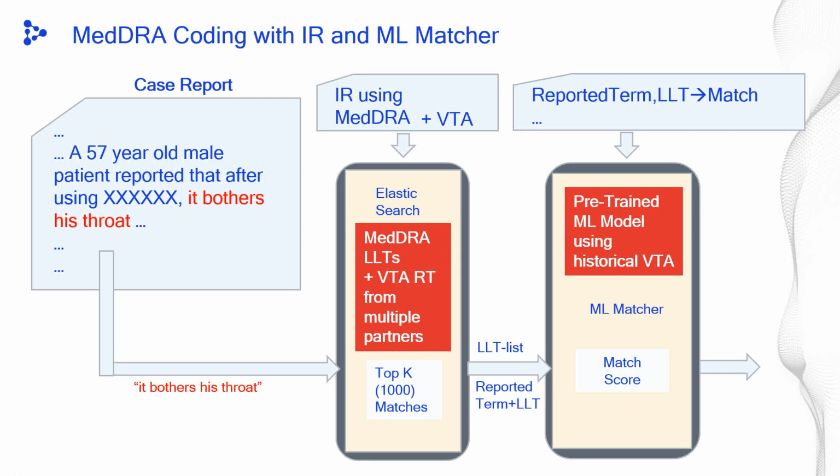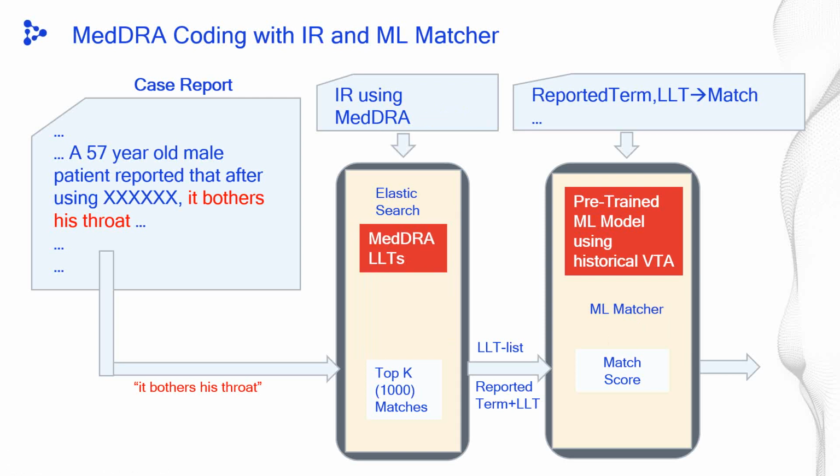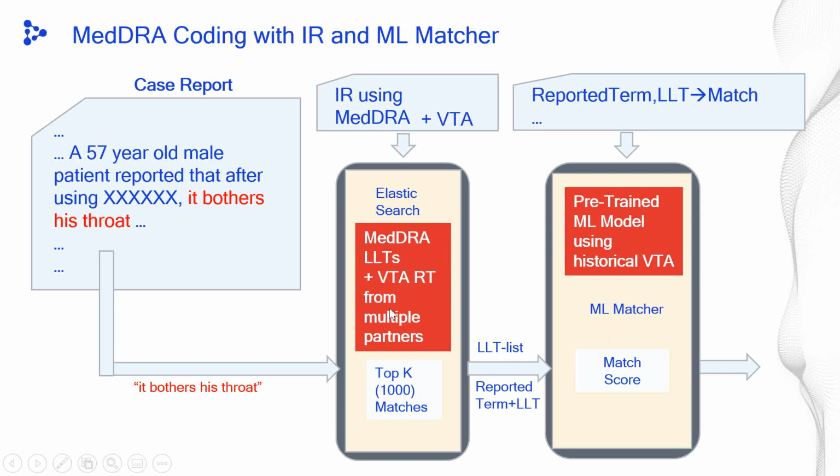Those are also brought into the shortlist, and then this ML matcher can rank them from top to bottom, what is the closest match, based on the past conventions. It works similarly, but this is far superior to the one that uses MedDRA LLTs alone, because now the previous reported terms are also brought in for similarity of wording.